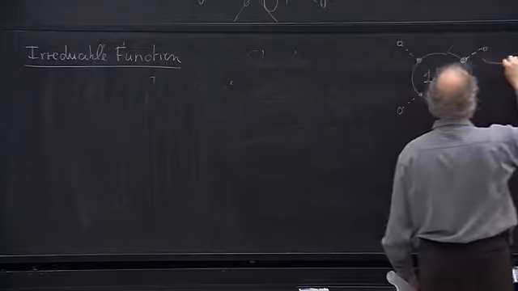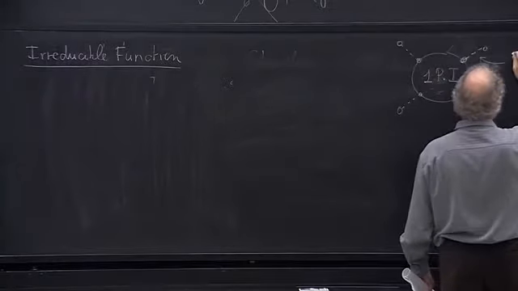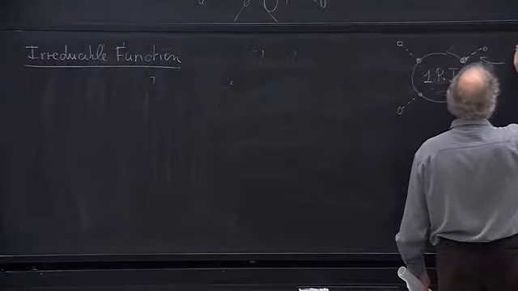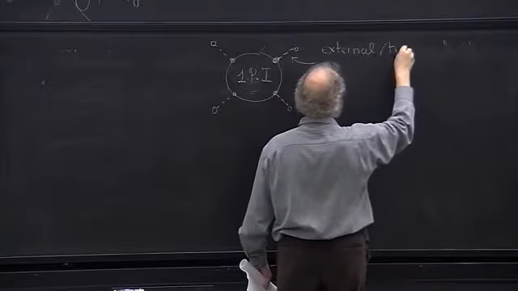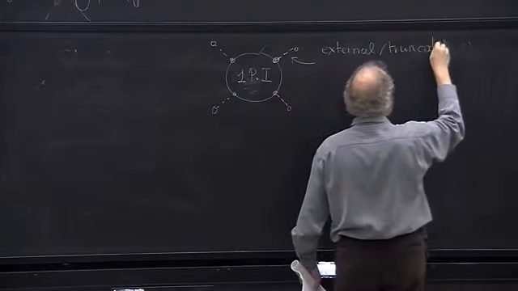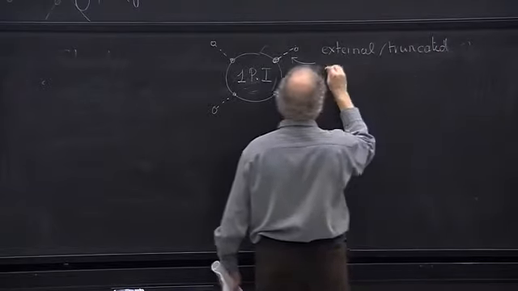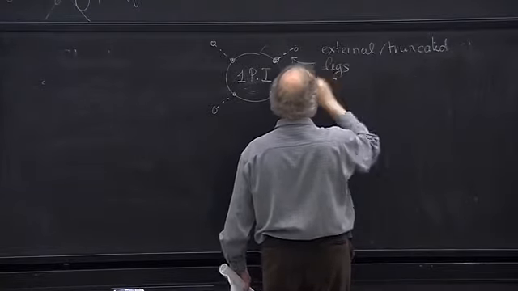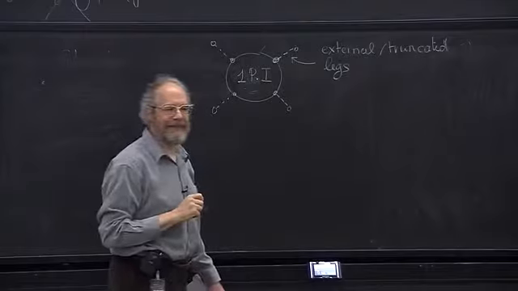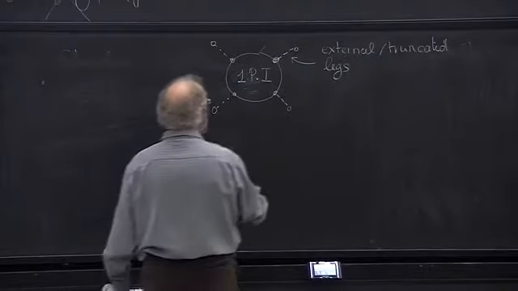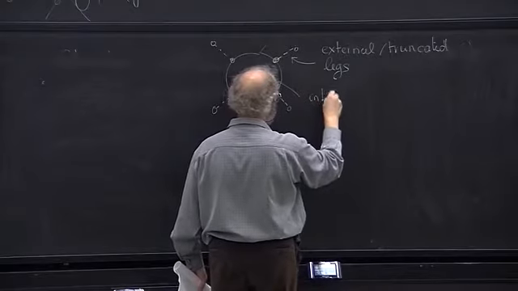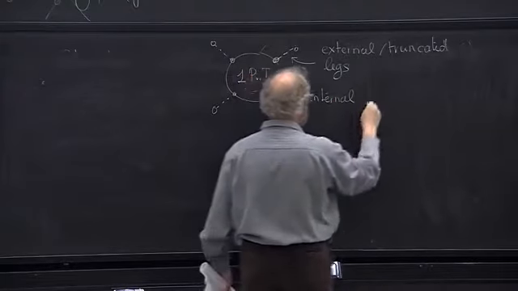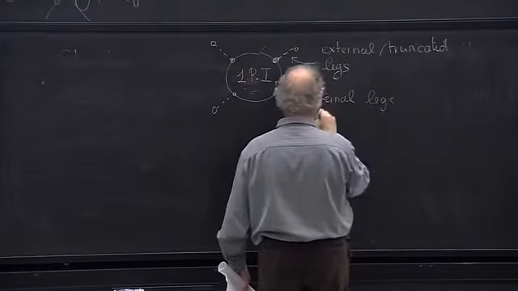These legs are called external, or rather truncated legs. That's the denomination. And then you have inside internal legs and vertices.